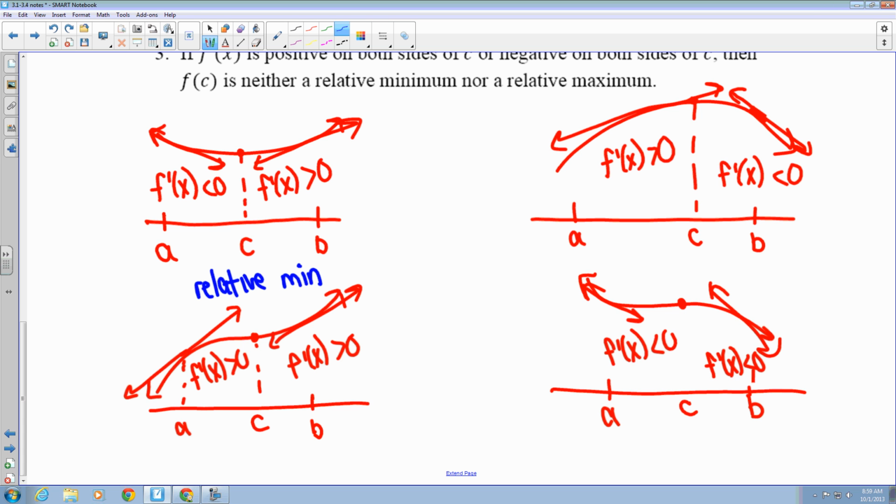Second one is a max, because we have a positive slope, then changes to a negative slope, that is a relative maximum. And then the bottom two, so the first one on the left is increasing and then still increasing after C, and the bottom right one is decreasing and then still decreasing. Neither one of those are mins or maxes.